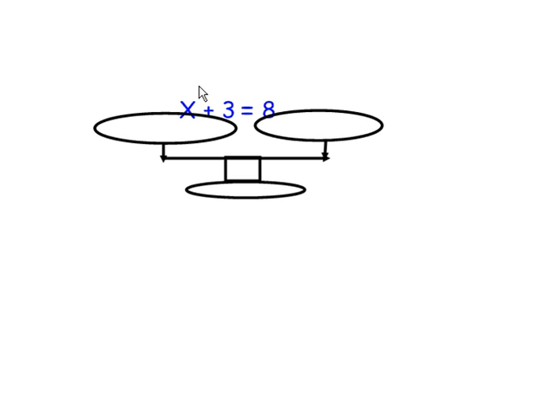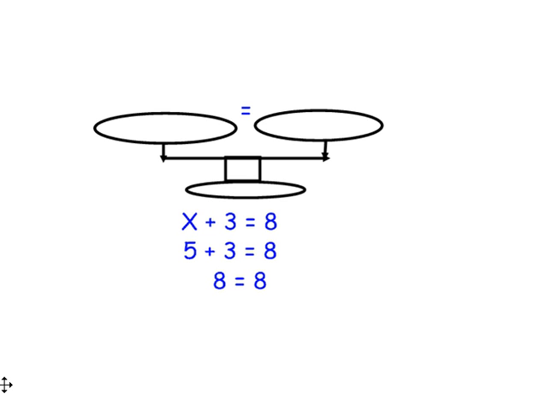It's saying x, or some number, plus 3 is equal to 8. Well, that would be 5, 6, 7, 8. So we put 5 in for x, and we get 8 is equal to 8.